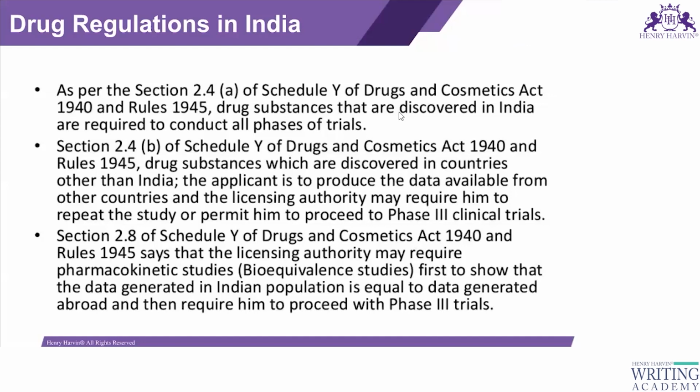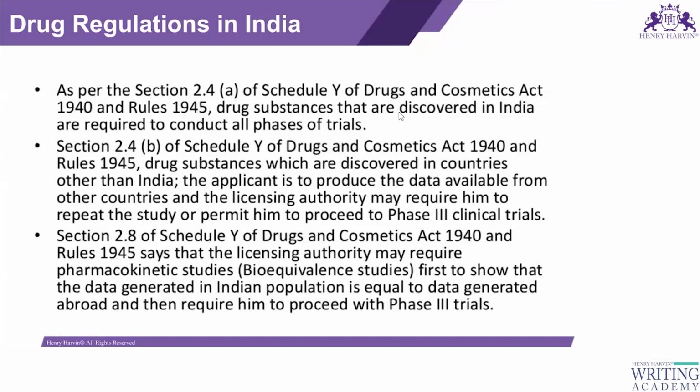So if drug substances discovered in other countries are to be manufactured or sold in India, the licensing authority requires that all the data be available from those countries, and only phase 3 trials need be conducted.